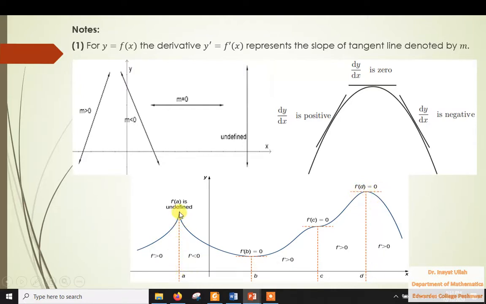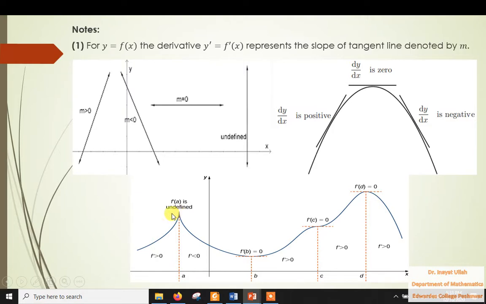So if you look at this point, you can draw a tangent in this fashion, you can draw a tangent in this fashion as well, and you can draw a tangent to this function in this style as well. So the tangent is undefined here. You cannot draw a specific tangent at this point.